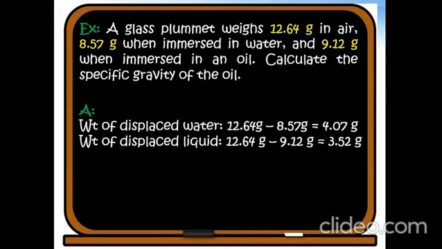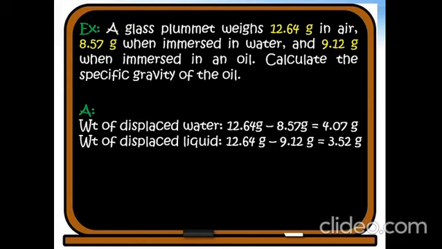And remember, we use the same equipment, right? And the same plummet, right? So that means the volume of the plummet is the same. So the volume of the displaced water and the volume of the displaced oil are the same, right?